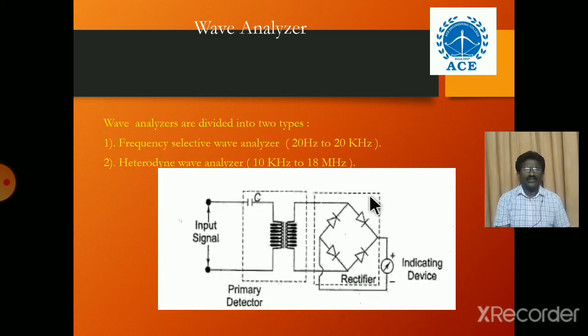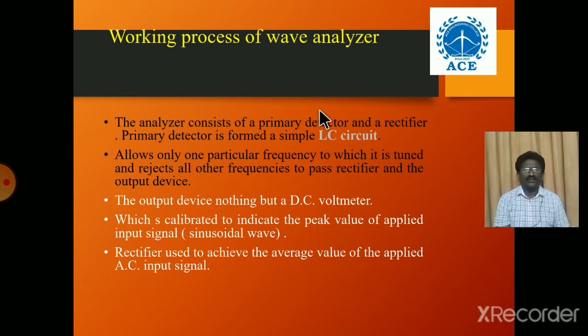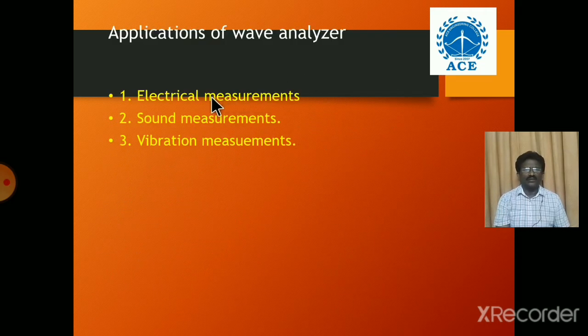The applications of wave analyzer are electrical measurements, sound measurements, and vibration measurements. With the help of wave analyzer, you can measure electrical quantities, you can measure sound, and in the same way, you can measure vibration.